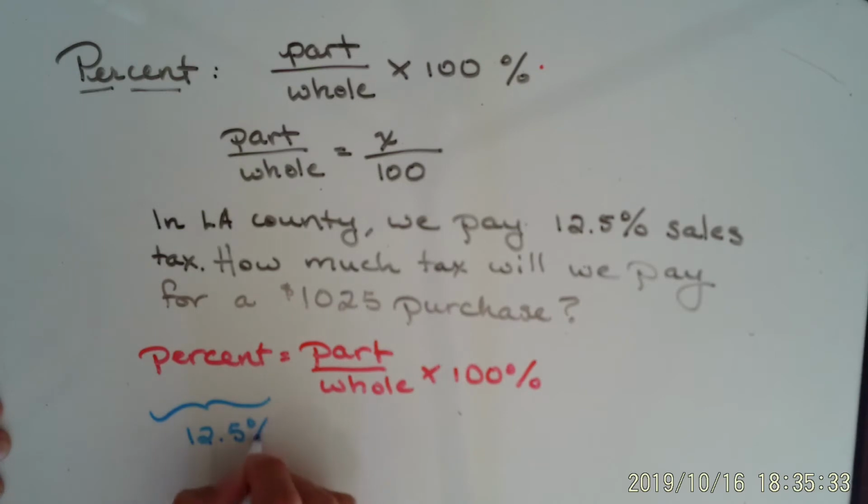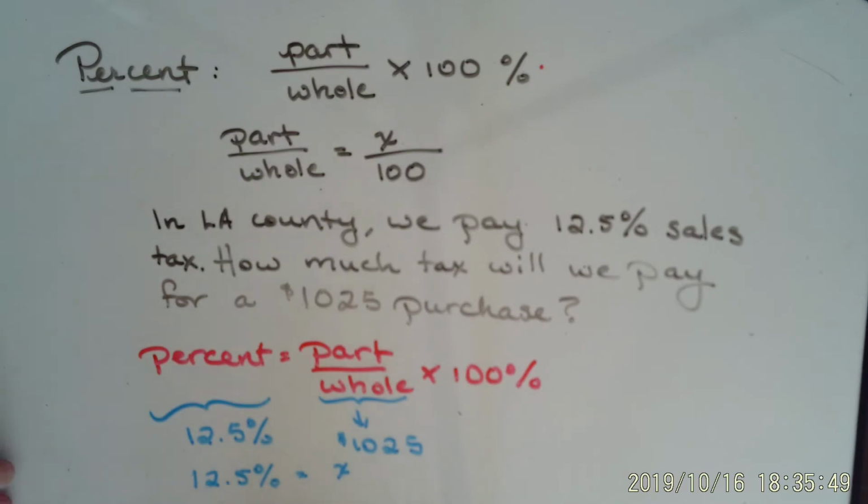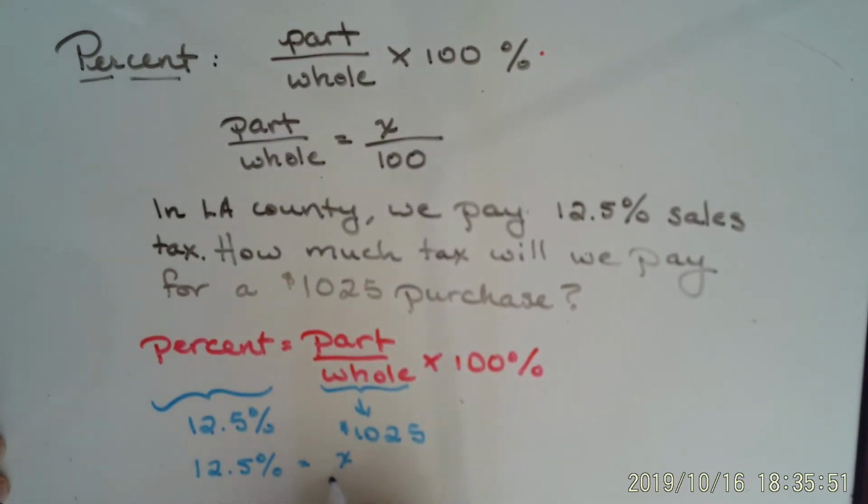And we are given the whole, which is 1,025. So if we plug in those numbers, 12.5% is equal to some unknown, which is the tax we pay, divided by 1,025 times 100%.